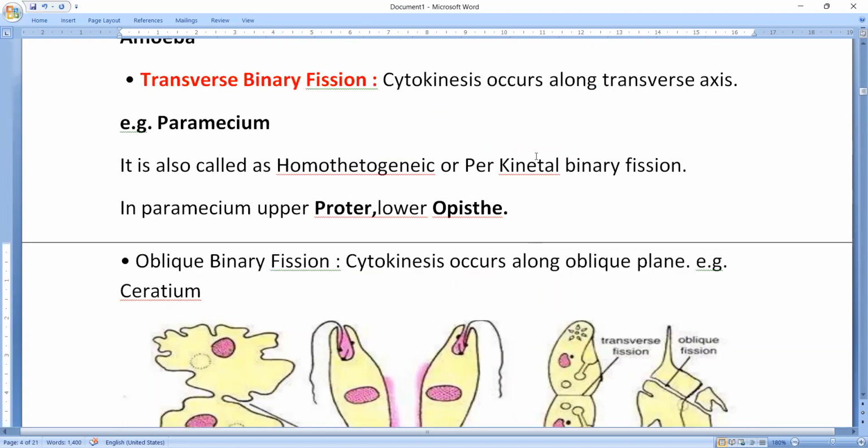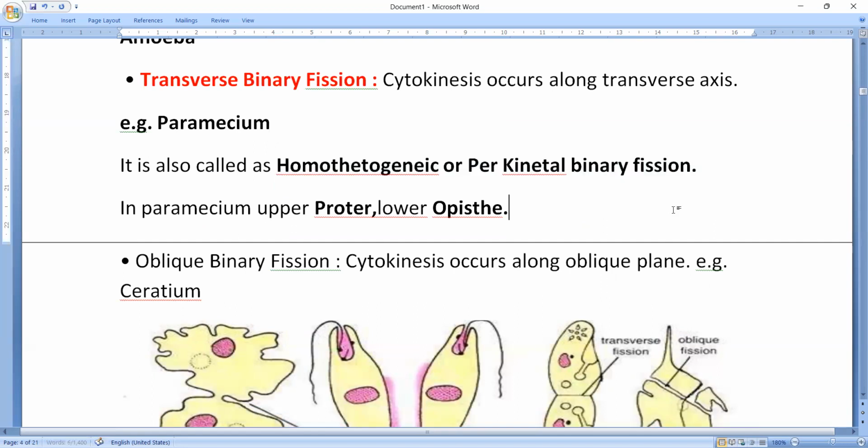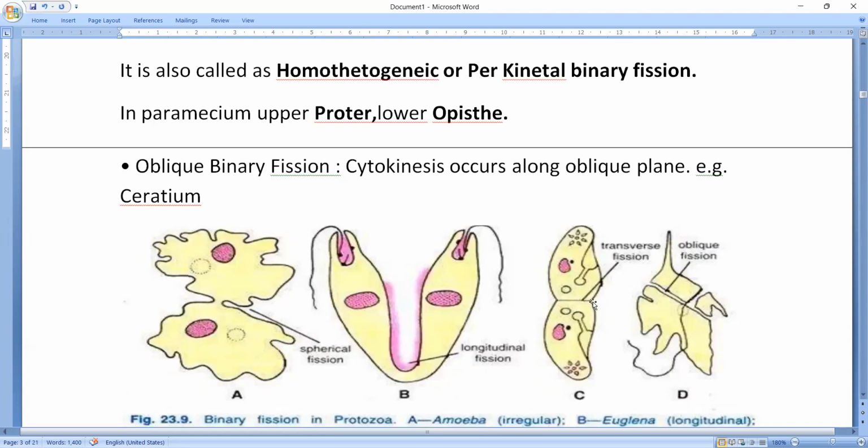Okay. So here, this binary fission is otherwise also called homothetogenic binary fission or perkinetal binary fission. So it means that the division furrow, or the division, is perpendicular to the body's long axis.